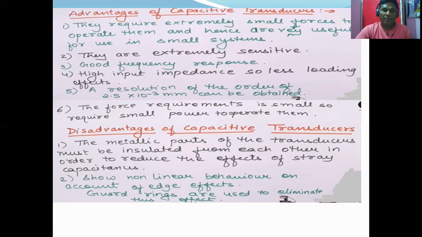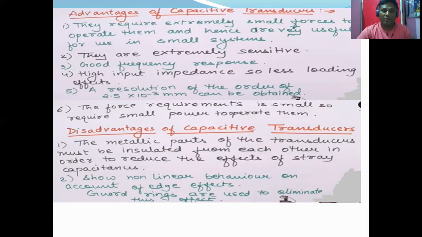The fourth one is high input impedance, so less loading effect. When the frequency and the capacitance are good, the output is perfect in the capacitive transducer, but the input is high impedance, which means the loading effect is less. Then the fifth point: a resolution of the order of 2.5 into 10 power minus 3 millimeter can be obtained.